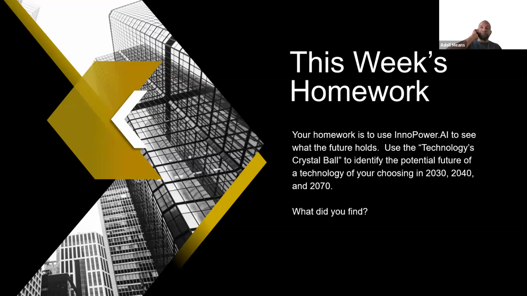So this week's homework is to use AI to see what the future holds. Use technology's crystal ball to identify the potential future of a technology of your choosing: 2030, 2040, 2070. That 2070 should be really interesting.